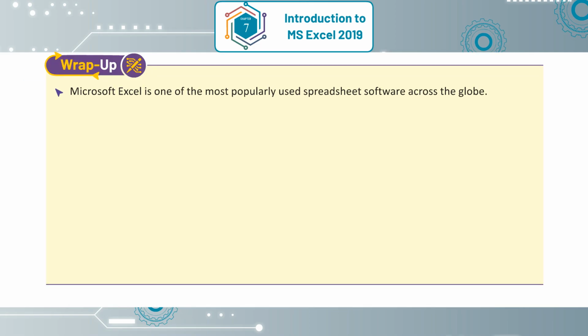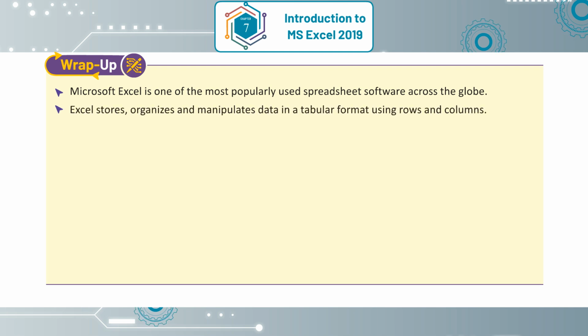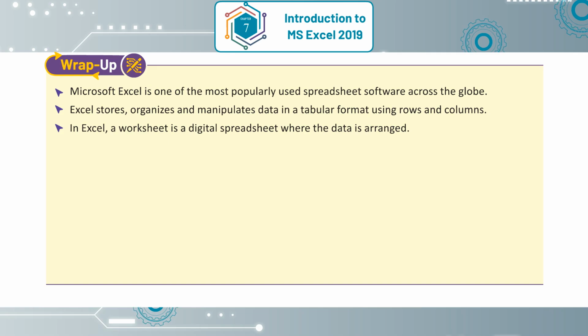Wrap up. Microsoft Excel is one of the most popularly used spreadsheet software across the globe. Excel stores, organizes, and manipulates data in a tabular format using rows and columns. In Excel, a worksheet is a digital spreadsheet where the data is arranged.